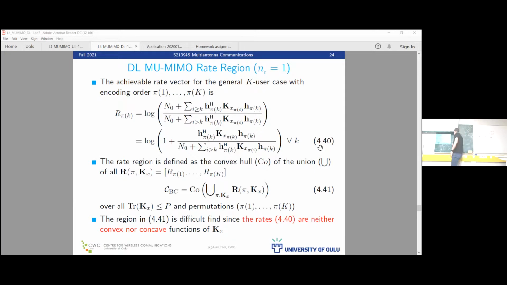So now we just plug in here. We have entropy of YK given x1 to x k minus 1, minus what? Entropy of yk.